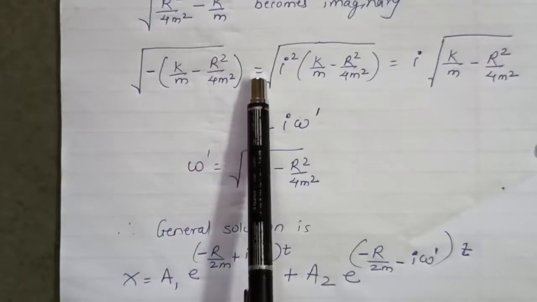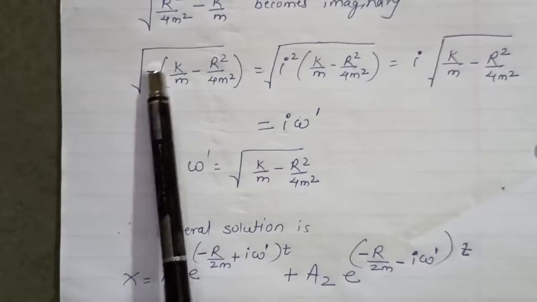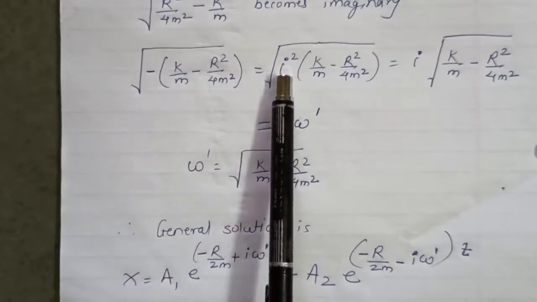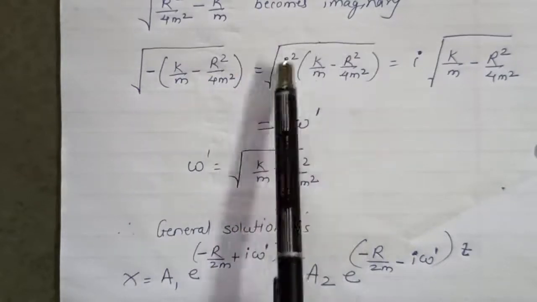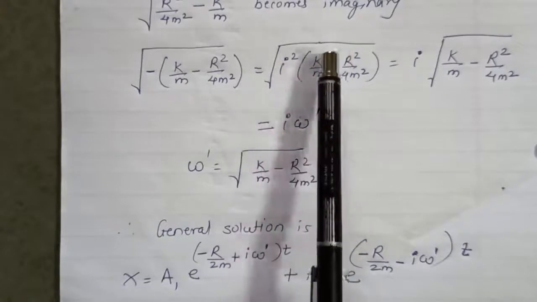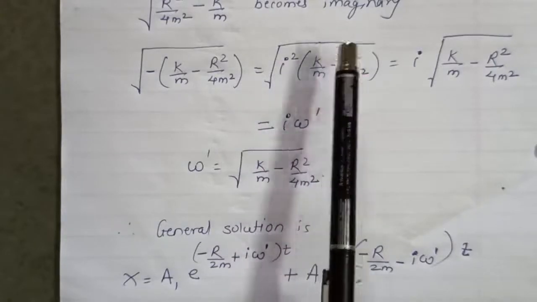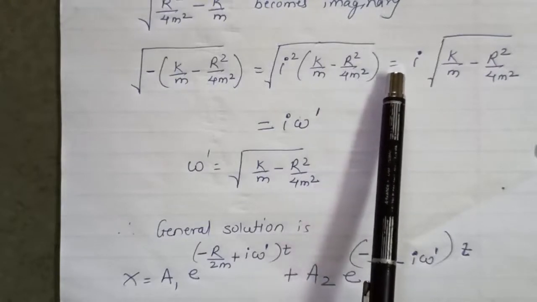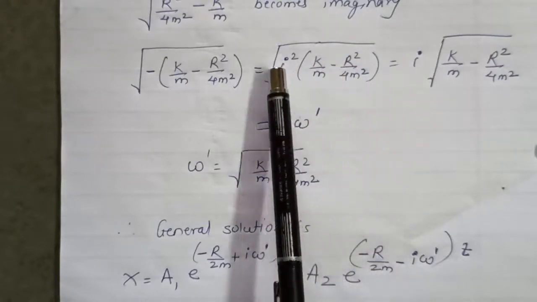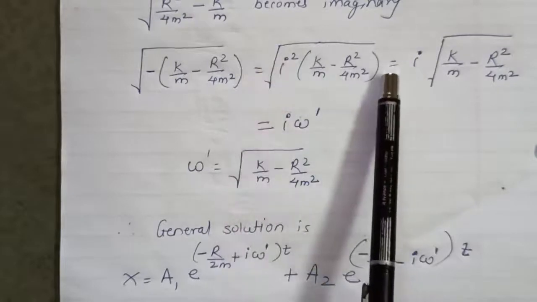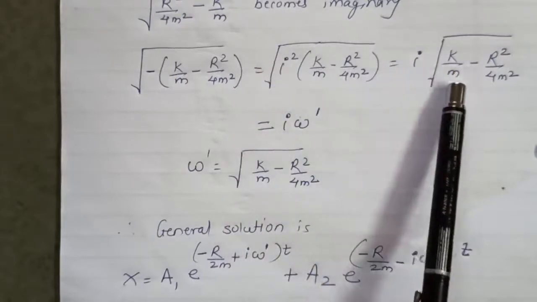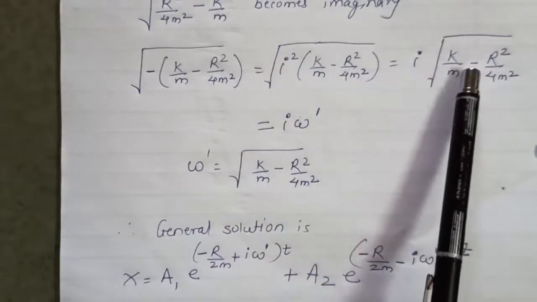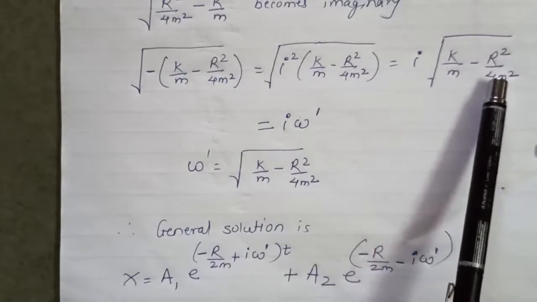Put minus 1 equal to i square. Then the square root of i square times the bracket k by m minus r square upon 4m square; taking i square outside the square root, we get i times the square root of k by m minus r square upon 4m square.